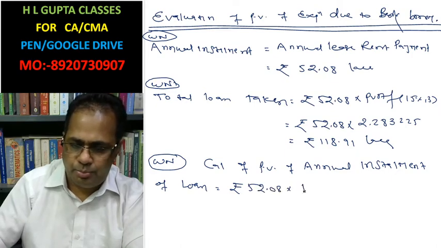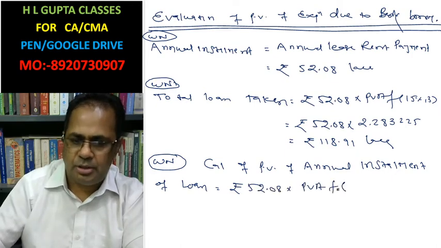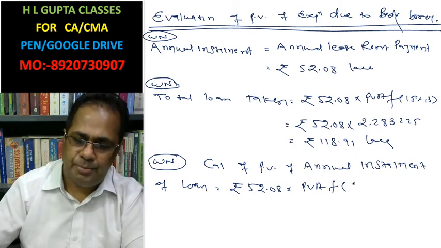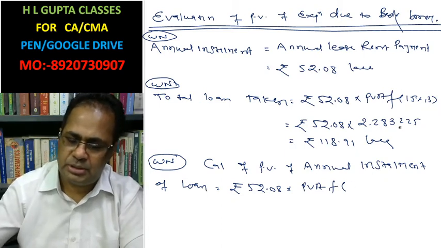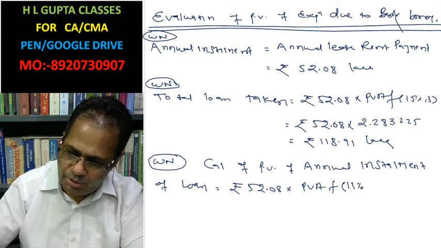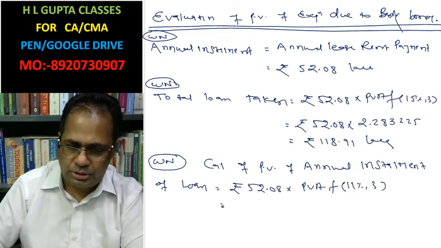52.08 into present value annuity factor, rate of interest you have 15%, 3 years. Discount rate is 11% given in the question.